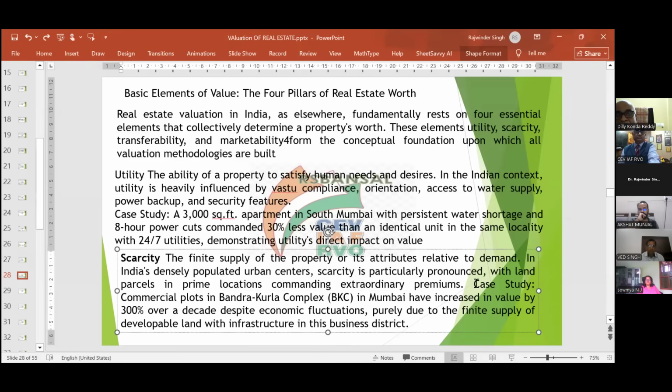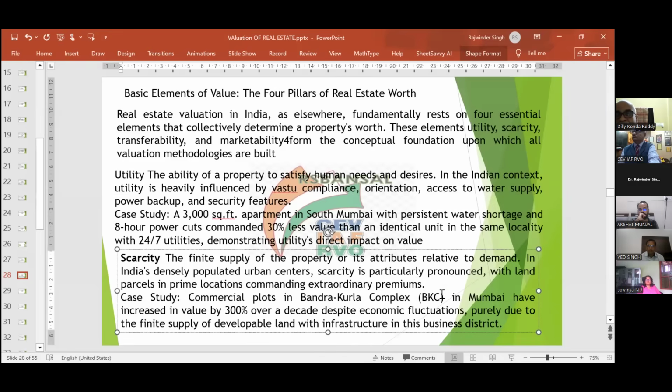For example, in Bandra Kurla Complex in Mumbai, they have increased in values over 300% over a decade, despite economic fluctuations, purely because of finite supply of developable land. With this example, you can understand how the scarcity affects the value in a particular locality.